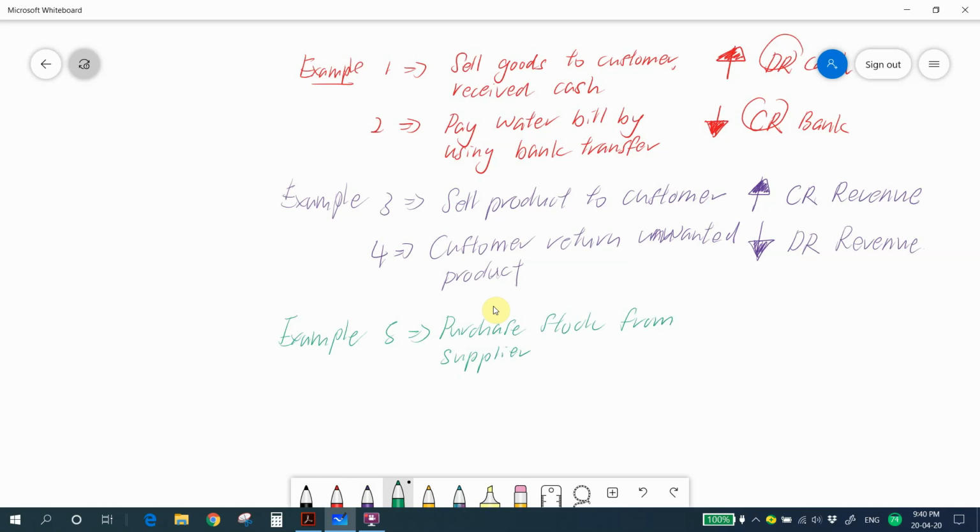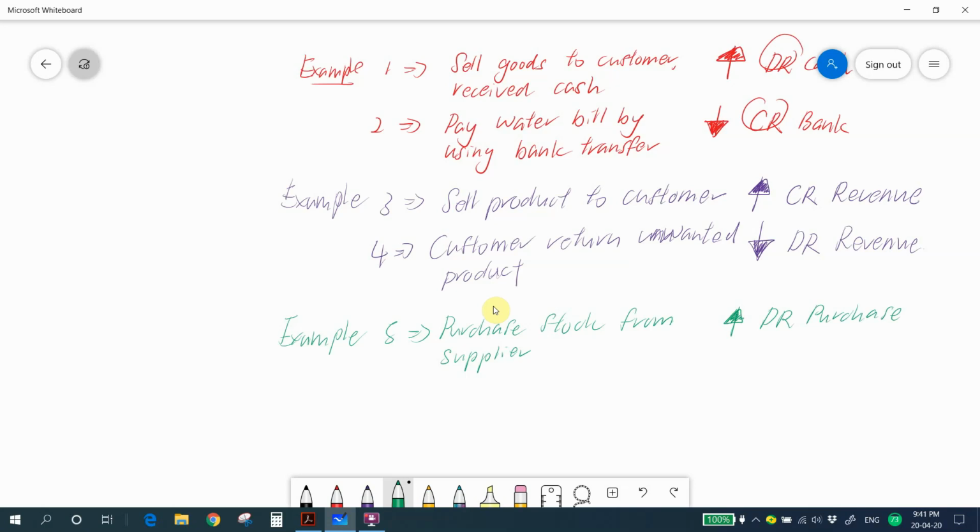When you purchase stock from your supplier, your total purchase will become higher or lower? The answer is higher. When your purchase is higher, you should debit the purchase account.